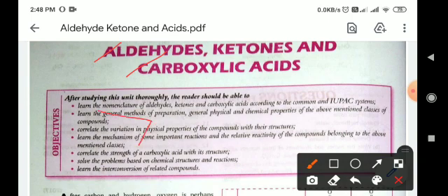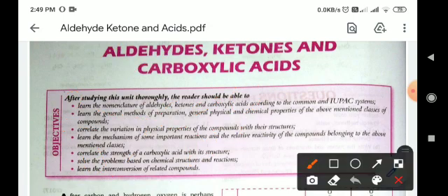C double bond O is known as a functional group, the carbonyl group. If in this carbonyl group there is one alkyl group and one hydrogen present, then it is known as an aldehyde. This is the basic or general formula for the aldehyde.